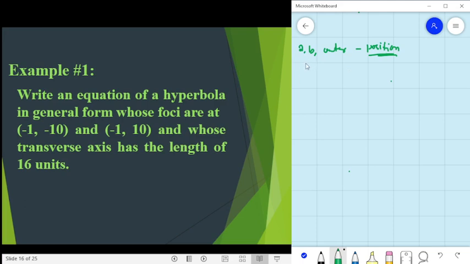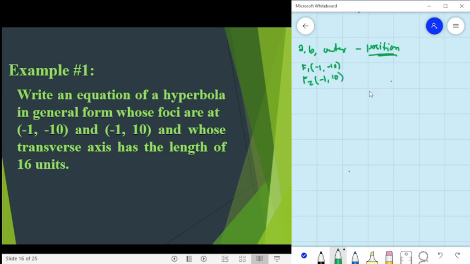Okay, but before that, first is we are going to find the center, since we are given two foci. We are given two foci, foci 1, which is -1, -10, and the second one is foci 2, which is -1, +10.